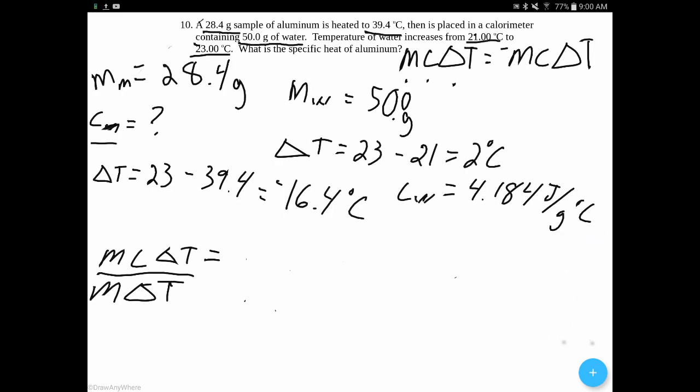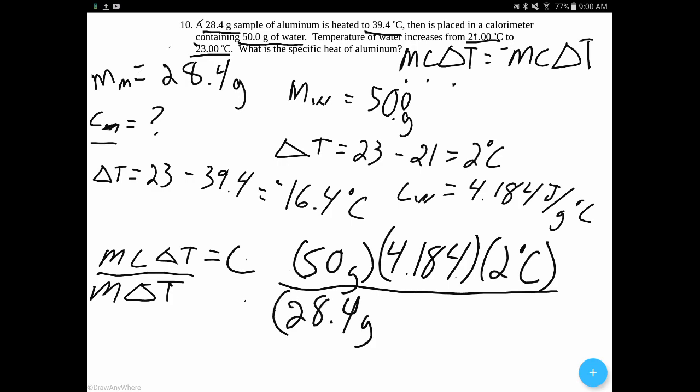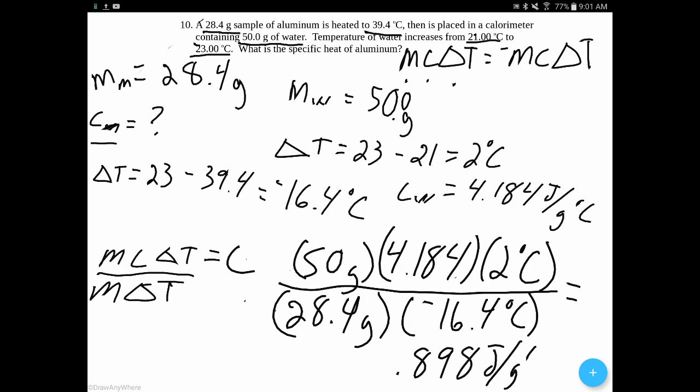Okay, so now we have 50 grams times 4.184 times 2 degrees Celsius, that's all our water, divided by 28.4 grams, which is our metal, times negative 16.4 degrees Celsius, which is the change in temperature of our metal, and that equals 0.898 joules per gram degree Celsius.